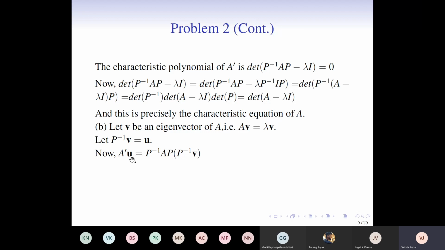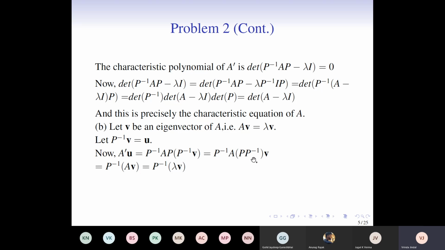Now A dash times U is basically P inverse AP times P inverse V. Just rearranging this, and using properties of multiplication of matrices, we get P inverse A times P P inverse V. Now P times P inverse is equal to I, because that's the definition of an inverse, and in square matrices this holds true.